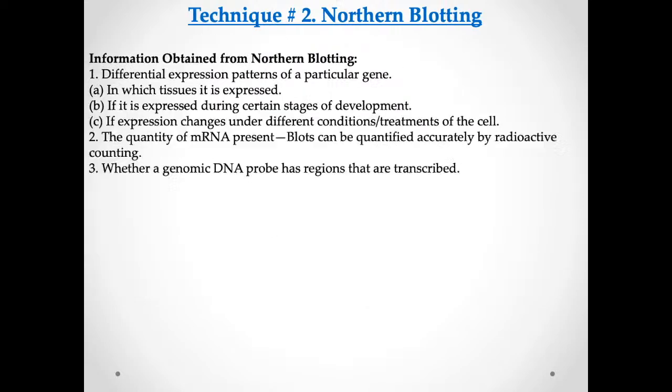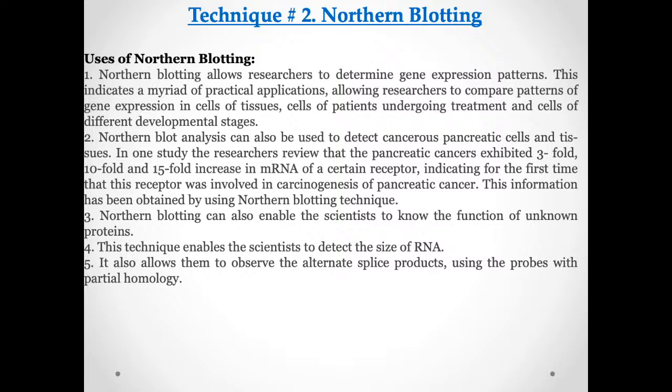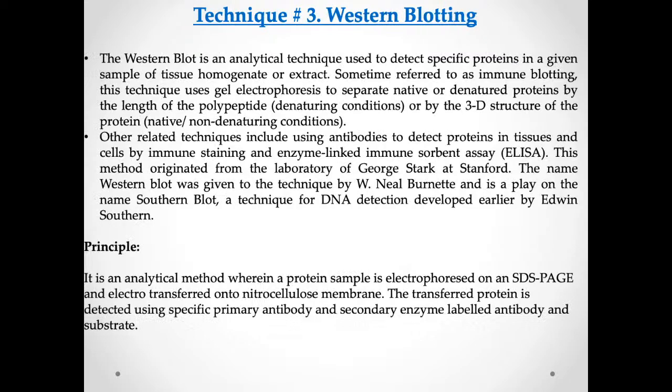It will have RNA in it, and then there is Western blotting. Western blotting is an analytical technique used to detect specific proteins in a given sample of tissue homogenate or extract, sometimes referred to as immunoblotting. In this we check the protein structure.